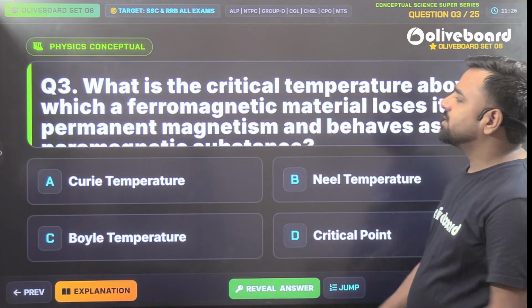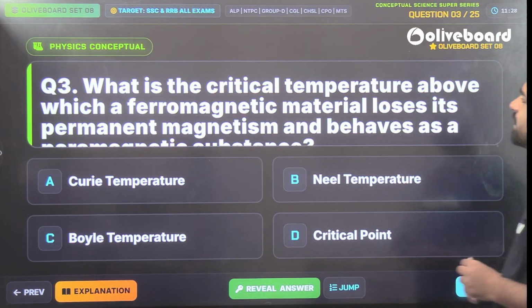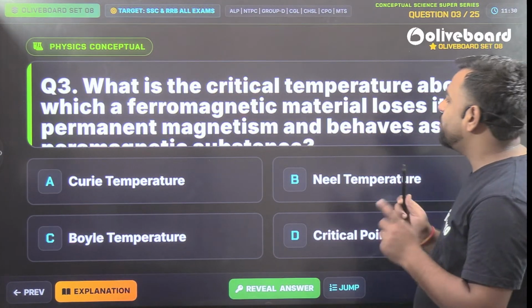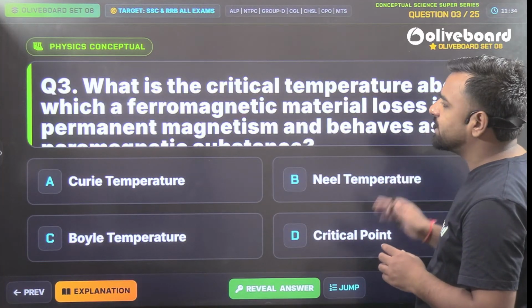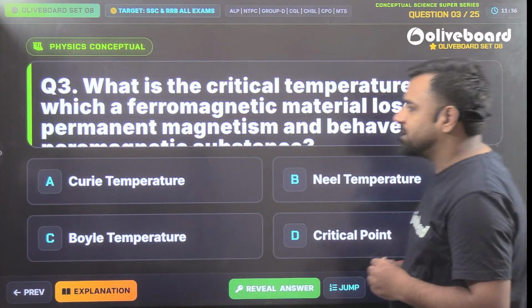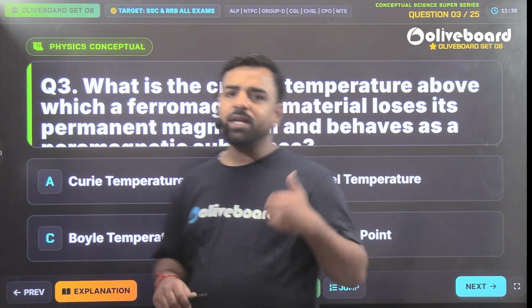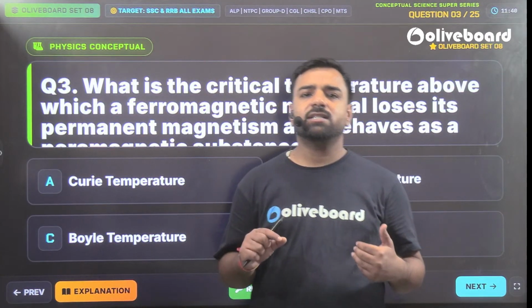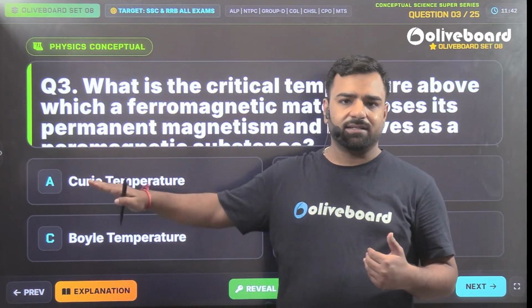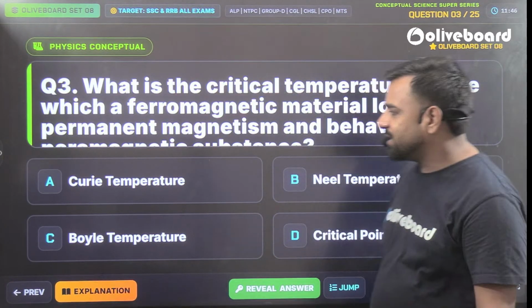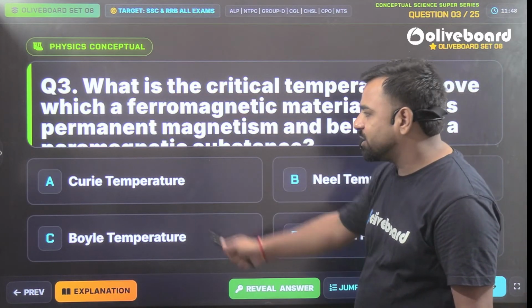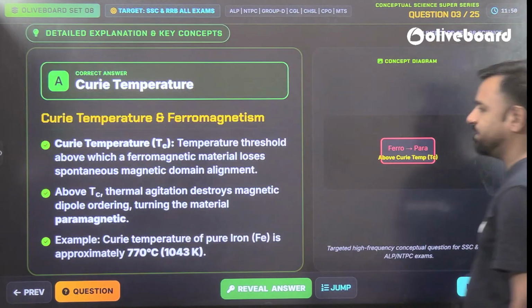The next question is: what is the critical temperature above which a ferromagnetic material loses its permanent magnetism and behaves as a paramagnetic substance? We have four options here, but this is from electricity and magnetism, and if you know about Curie temperature, you can easily link it. So what is the answer? The temperature is Curie temperature, so option A will be the correct answer.